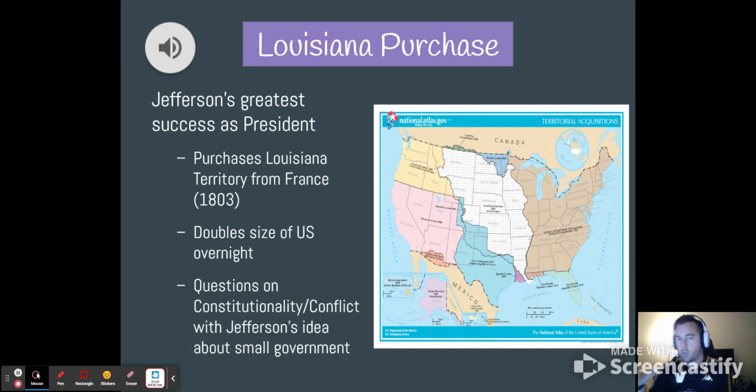And the big controversy here is Jefferson is paying for this $15 million land purchase, which I think works out to be about 3 cents an acre. It's a pretty sweet deal. He does this without congressional approval. And so he is signing a treaty without Congress, which is a violation of the Constitution. The other big deal with this is the money he's using to pay for this comes from Hamilton's National Bank.